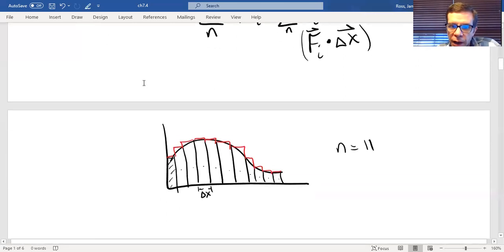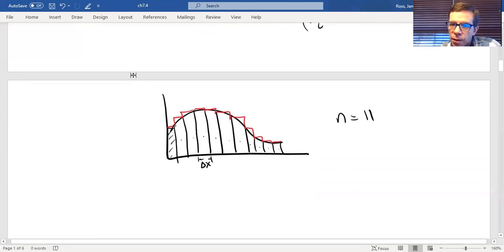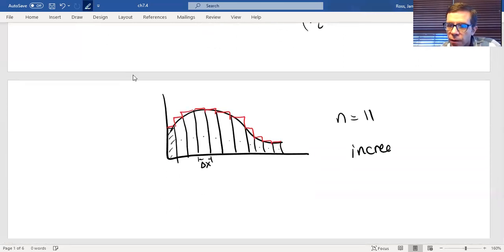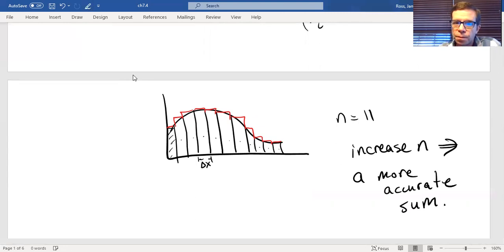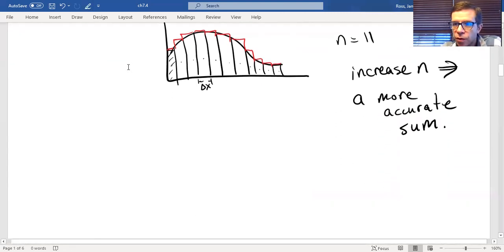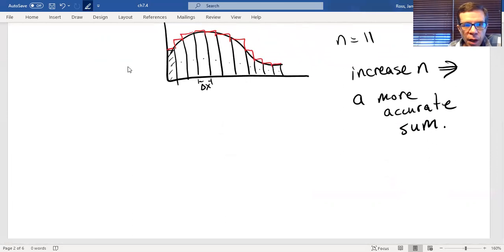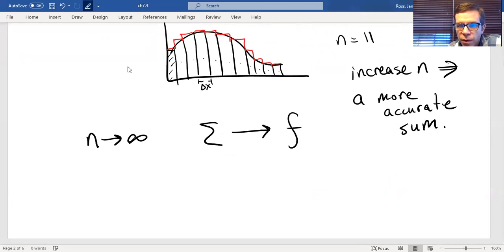And you can see that if you increase N, then you get a more accurate sum. And that's what you do when you do calculus, right? As we let N go to infinity, our summation becomes an integral.